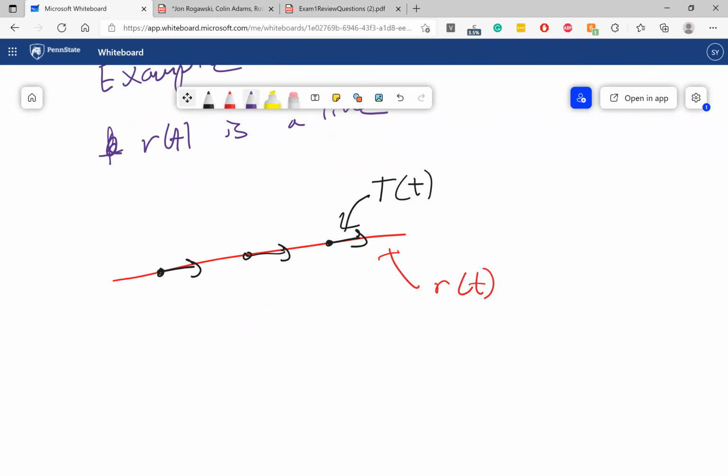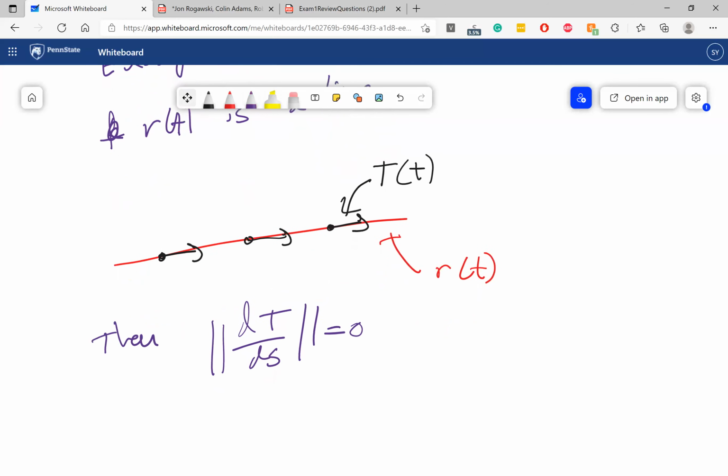Then the magnitude of dT over ds, well, that's equal to 0. As you move along the line, your unit tangent vectors are not going to be changing. And so you don't have any curvature.